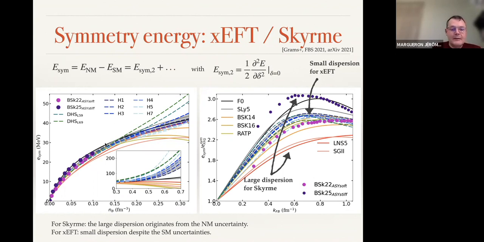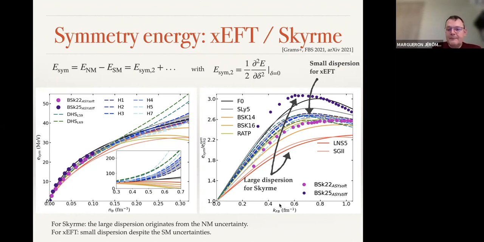You can see on the left that there are different kinds of predictions, especially at high density. You can see on the inset that some of the Skyrme interactions predict a bending down of the symmetry energy at a rather high density, but this has an effect on the softening of the equation of state, as we'll see later on in the core.